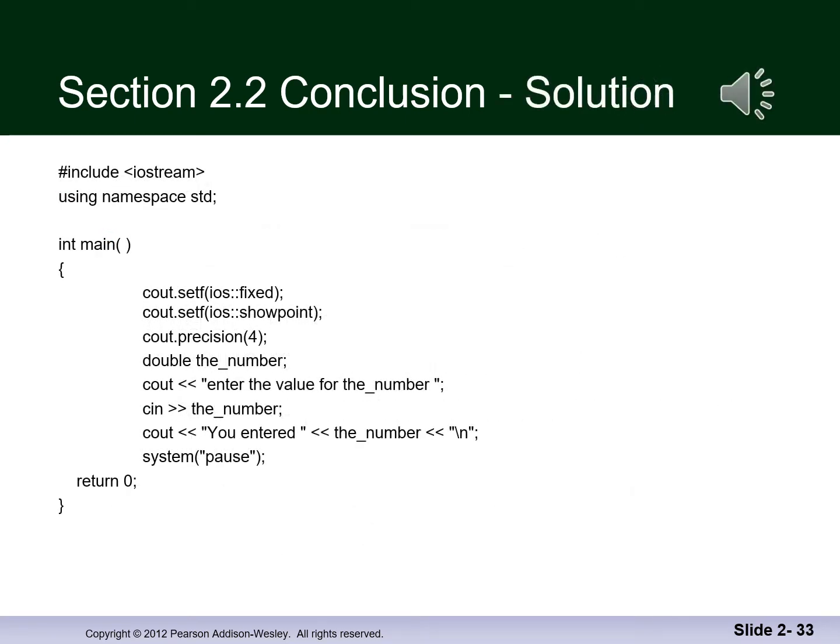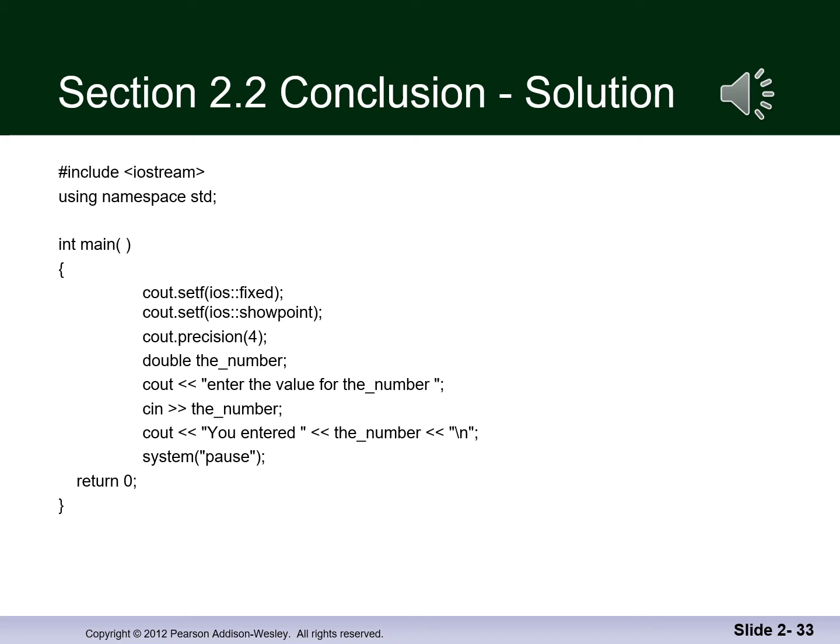Here is the solution for the items on the previous slide. You see the setf statement for fixed point, show the decimal point, and set the precision at 4. And we're declaring a double, the number. Then the cout statement, enter the value for the number. Cin, the number.